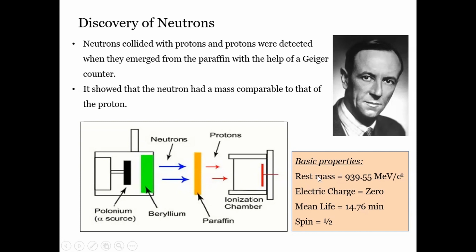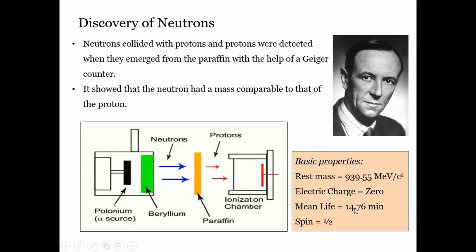Then basic properties were determined, like the rest mass, which is 939.55 million electron volts per c squared, a little bit more as compared to the mass of the proton. The neutrons have electric charge 0. Their mean life is about 14.76 minutes in free space.